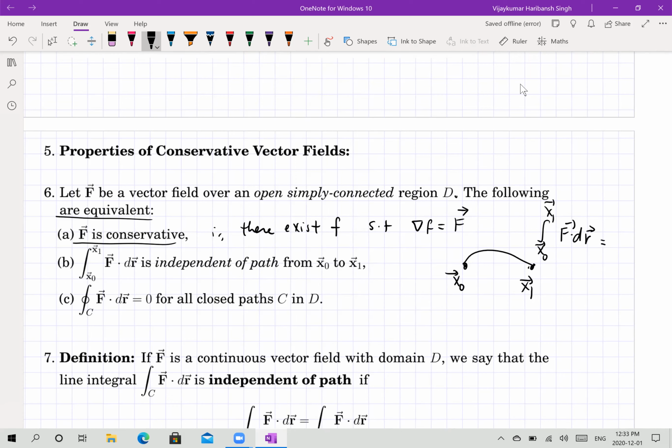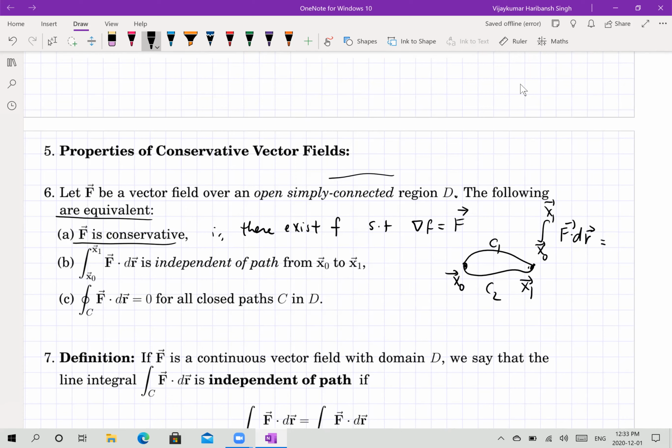So this integral will be the same value if you went along C1 or if you went along C2. Third is the following: the integral over a closed path, for all closed paths C in D, will be 0.